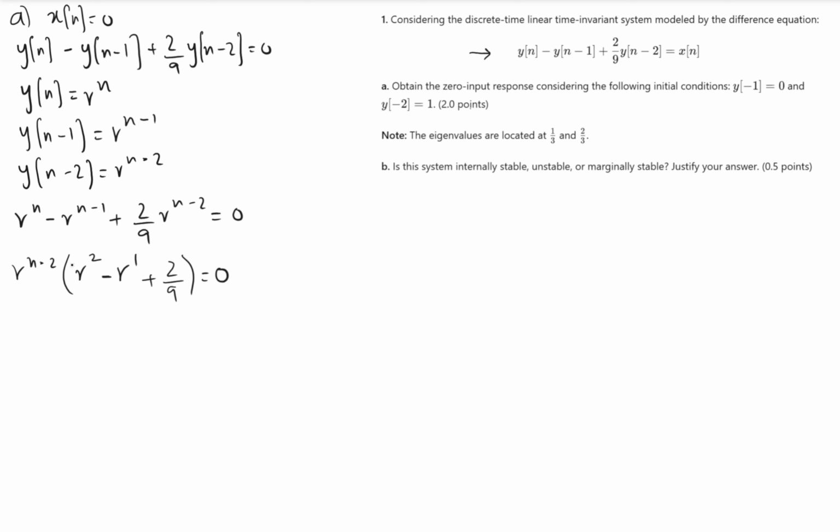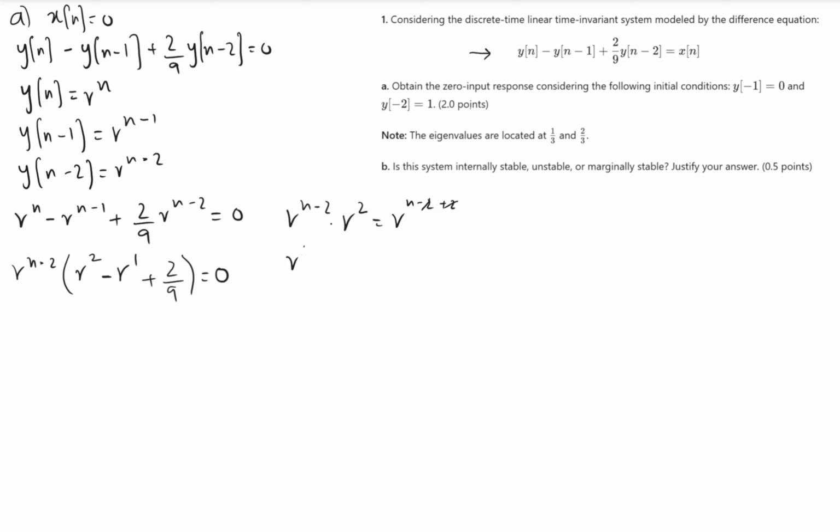Let me just show how this gives back the original terms. Because these two are multiplying, r to the power n minus 2 multiplied by r squared becomes r to the power n minus 2 plus 2, so it cancels out and becomes r to the power n again.